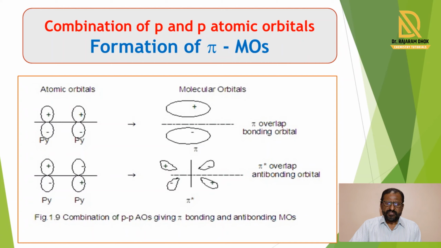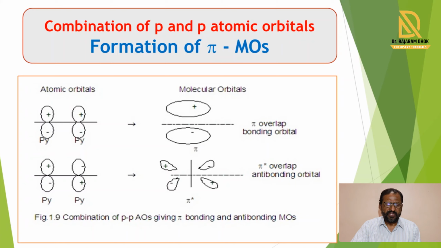Now we see the other type of pp combination. So the remaining two p orbitals, that is one is py and the other is pz. So both atoms' py and pz are available for combination. Now the first atom's py orbital and the second atom's py orbital are both perpendicular to the px orbital, which means they can overlap sidewise, perpendicular to the x-axis.